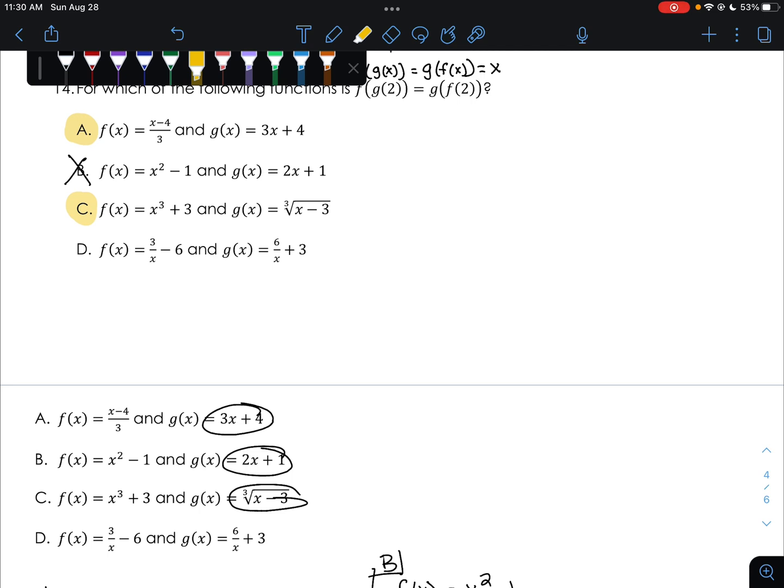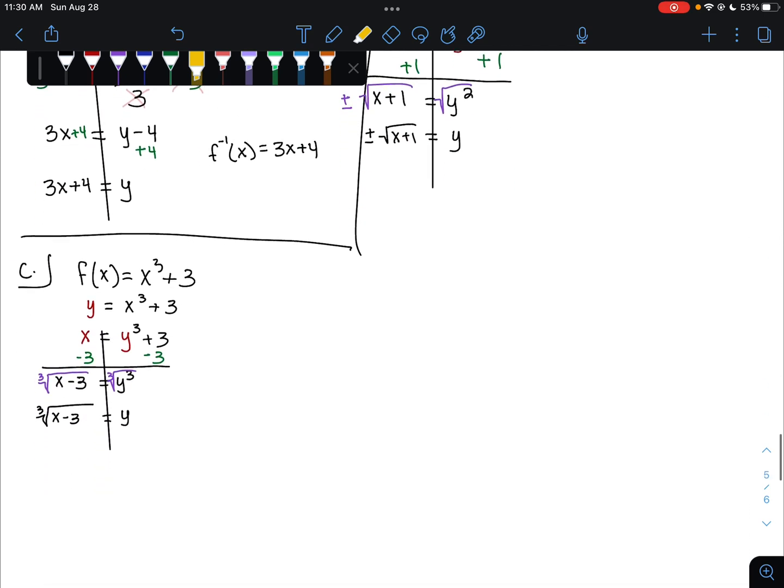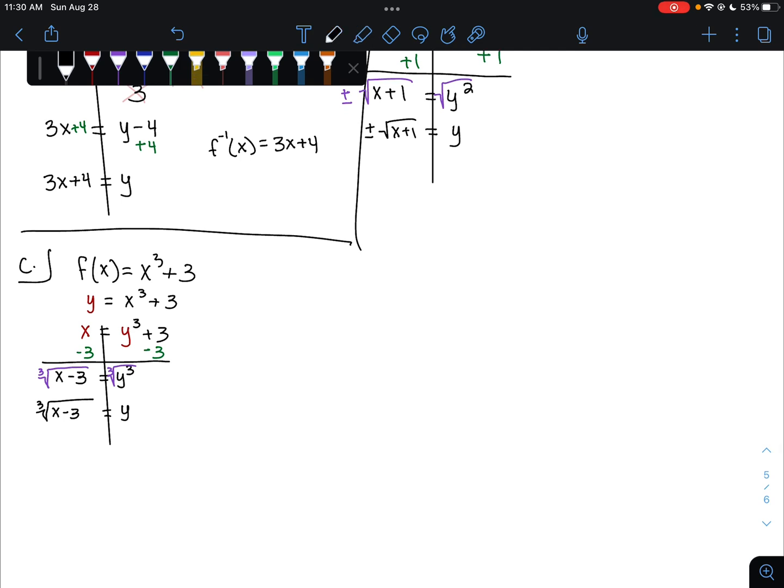Now I do D. So D says f of x is equal to 3 over (x minus 6).